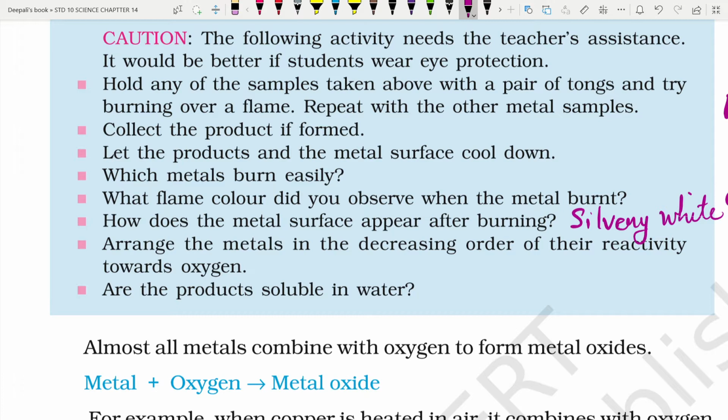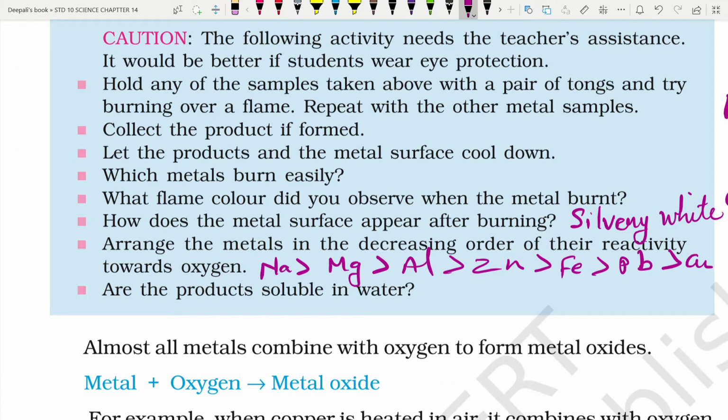And what is the solubility of these products which are obtained after burning? So the reactivity can be written as Na, Mg, Al, Zn, Fe, Pb, and Cu. So sodium burns the fastest and copper the slowest.